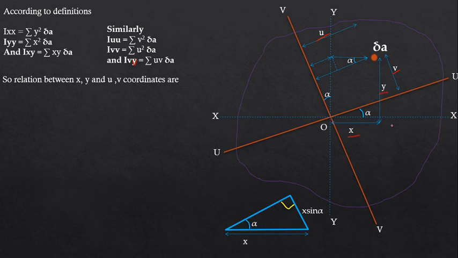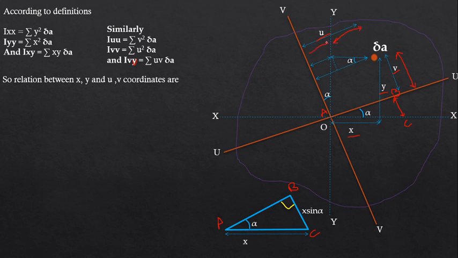Suppose this is point A, this is B, this is C. Similarly at O, suppose this is point A, this is B, and somewhere this is C. So we need to find this value, and this value, and this value.